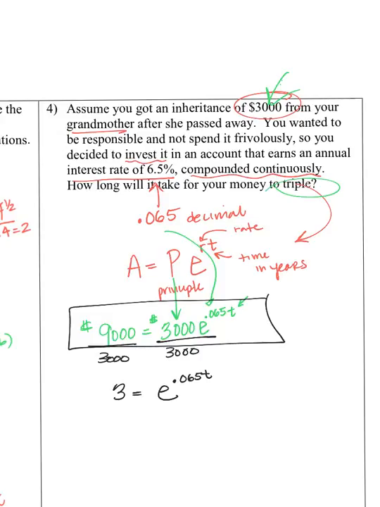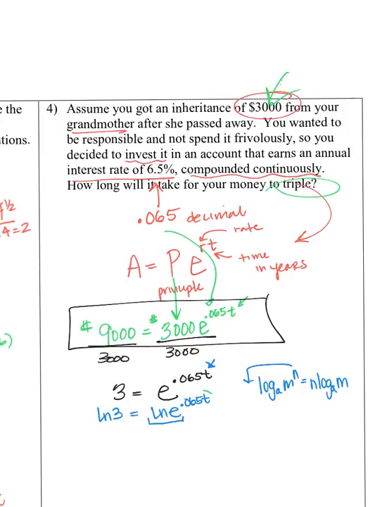Now, we talked about earlier that if you want to make an exponent come down, you use the log rule where log base a of m to the n equals n log base a of m. If you want to use that property, we can take log of both sides or natural log of both sides. So natural log of 3 equals natural log of e to the 0.065t. What's really nice on this one is that natural log is log with base e, so those will cancel each other out.